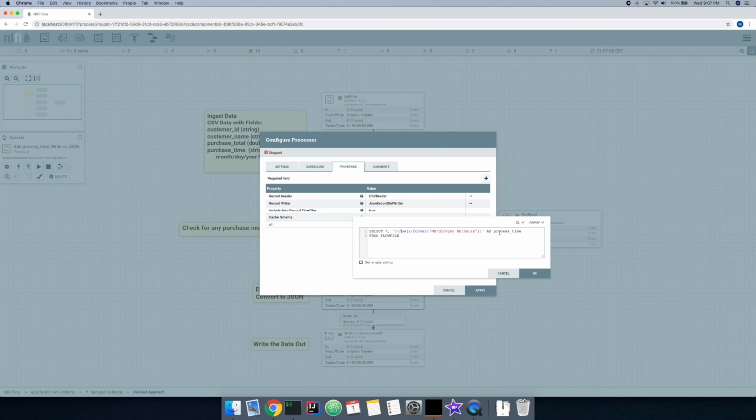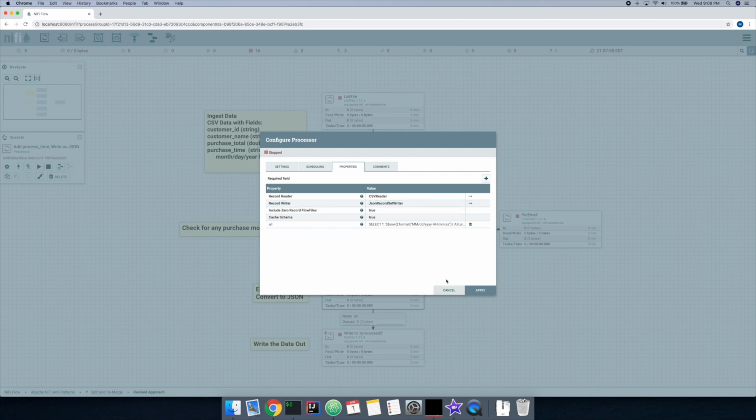And then we're going to call that new field process time. And that's all we have to really do to select all of the existing fields and then add in this new enrichment field into our flow file. And then we're going to write that data out, like I said, using the JSON record set writer.